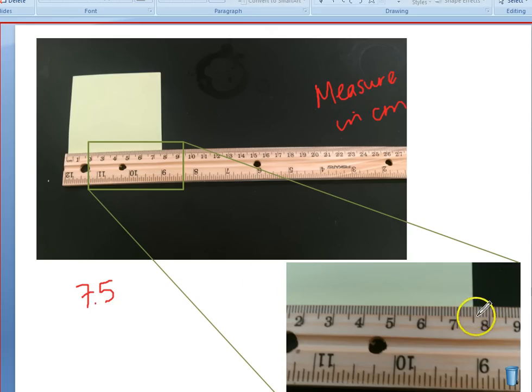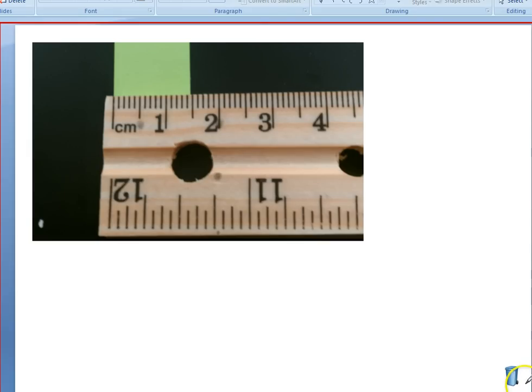To me, it looks like it comes right up to the 0.5 and not over. So I'm going to say 7.50 centimeters. Again, if you were asked for meters, you could have done that. It would have been 0.0750 meters. So you have to be careful what unit you're asked for.